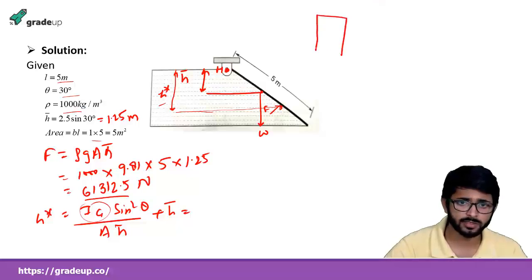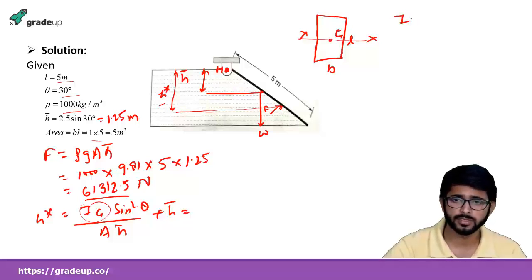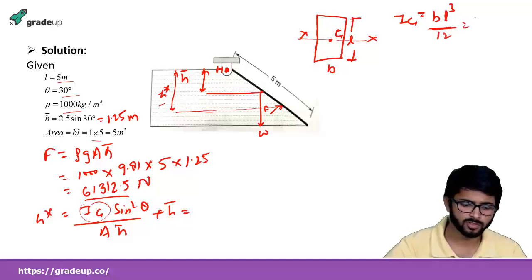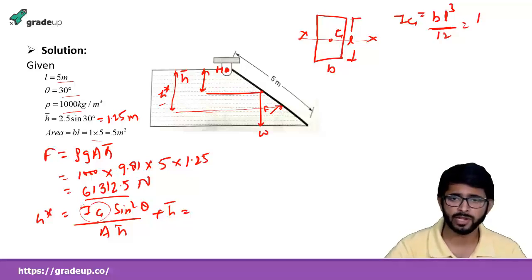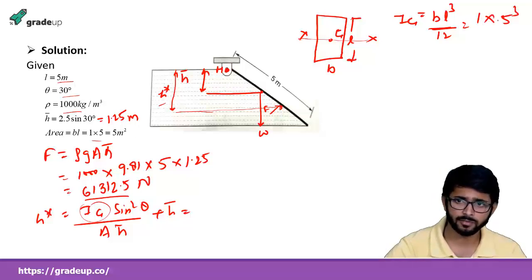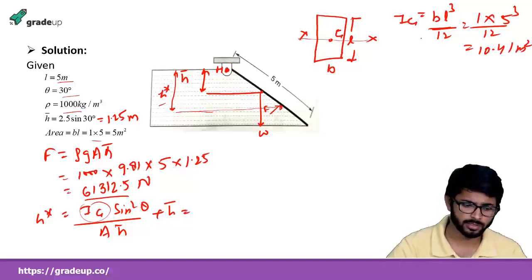This is the cross section of the gate, BL about the X axis passing through G. So Ig will be BL cube by 12, where L is the length of the gate. B is per unit width, so taking width as 1 meter, 1 into 5 cube by 12. It will become 10.4 meter to the fourth. Now we have found Ig, put it here.